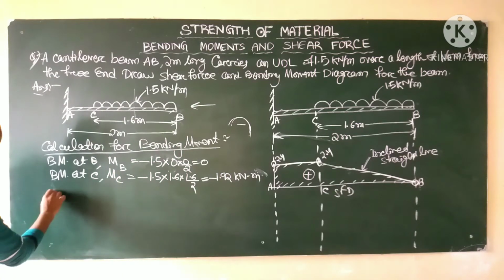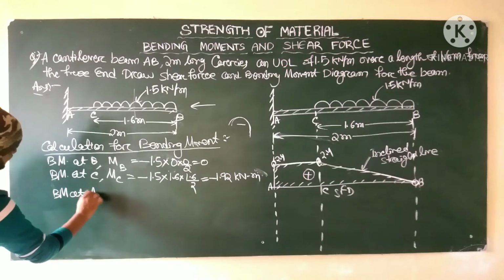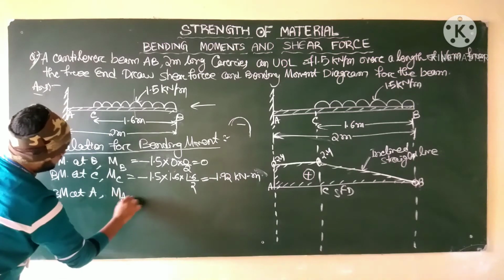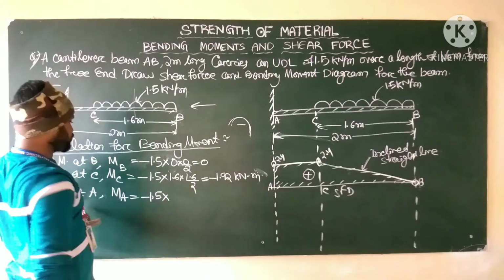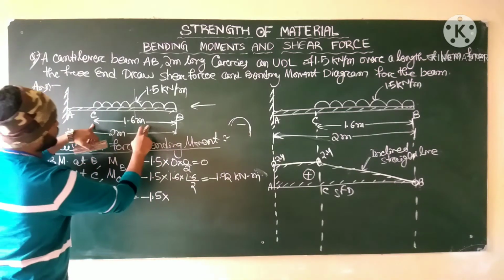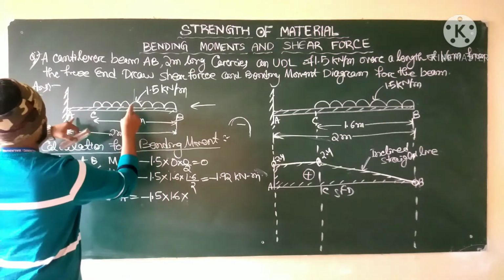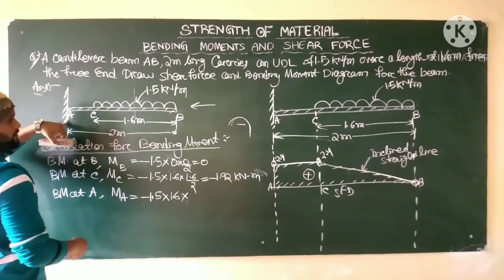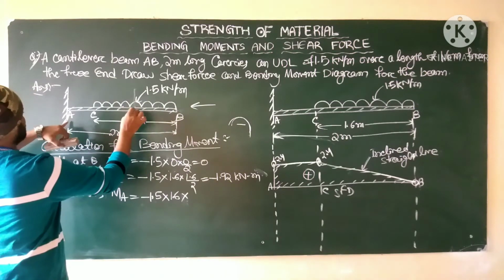Now last point A, bending moment at A, that is M_A, equal to same minus 1.5 into, now the UDL is applied at 1.6, so 1.6 into, we are calculating at A, but the UDL is at this point. So how much distance?